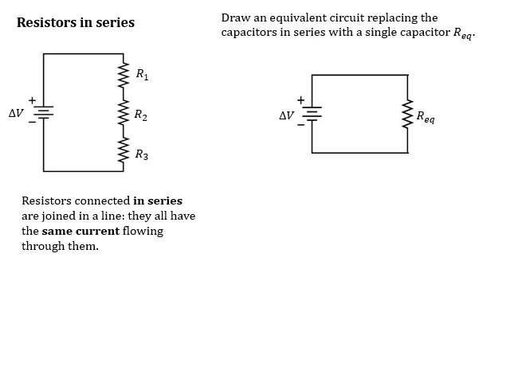So resistors connected in series are all joined in a line. If they're all joined in a line, it means they all have the same current flowing through them. You can see that when you look at what happens when we hook up the circuit. So we put a battery in. The current is going to flow out of the battery from the positive end.